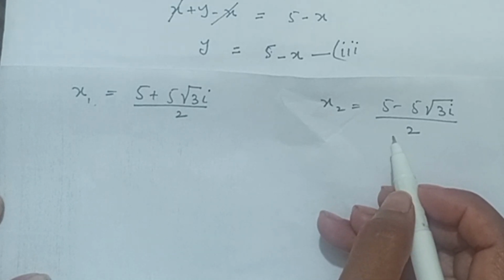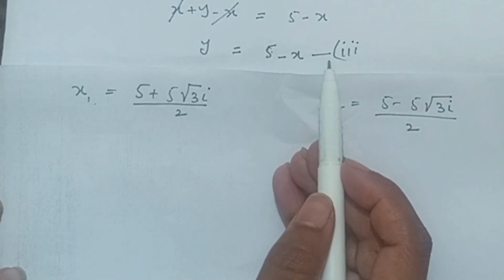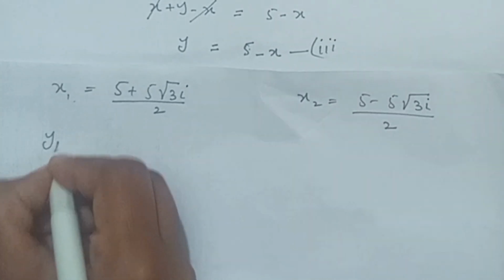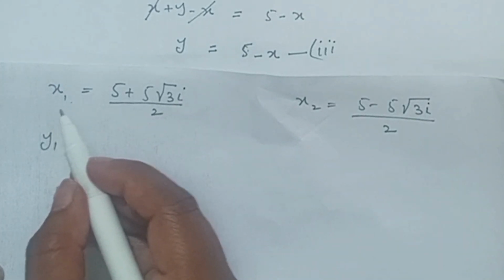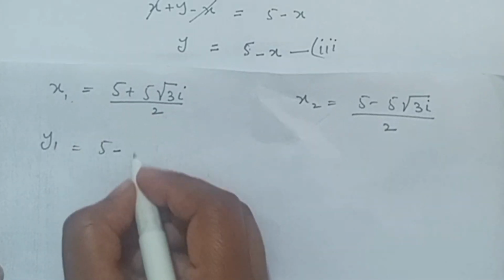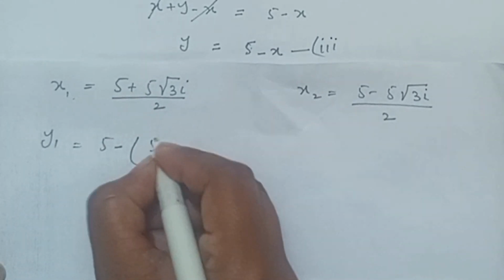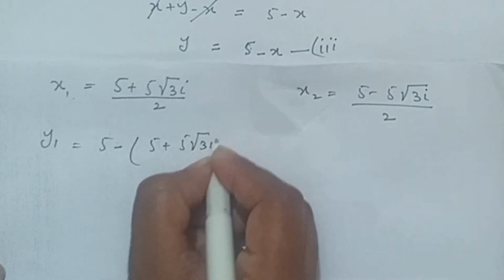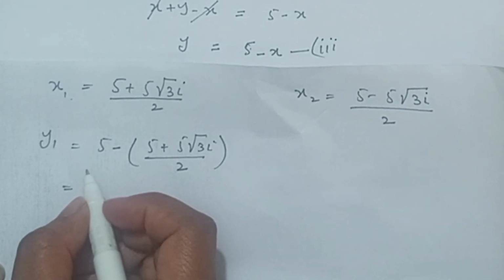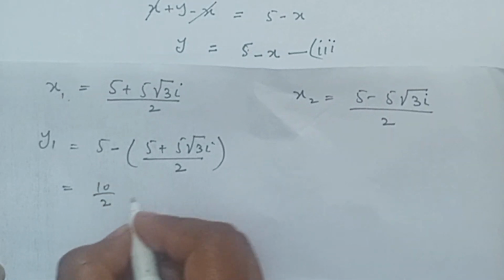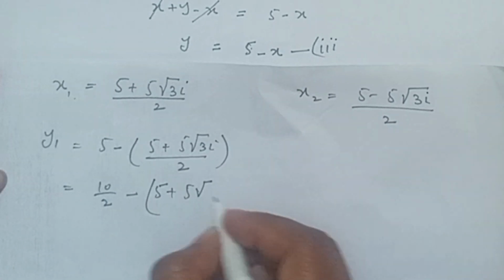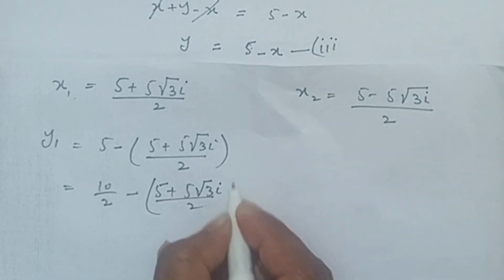Now we find the value of y. For this we use equation 3, which is y equals 5 minus x. So we find the value of y1, and for this we use the value of x1. Equation 3 is this, so here we write 5 minus x, which is 5 plus 5 times square root 3 iota over 2. Simplify these values. We write this 5 as 10 over 2, and we write the remaining value 5 plus 5 times square root 3 iota over 2.